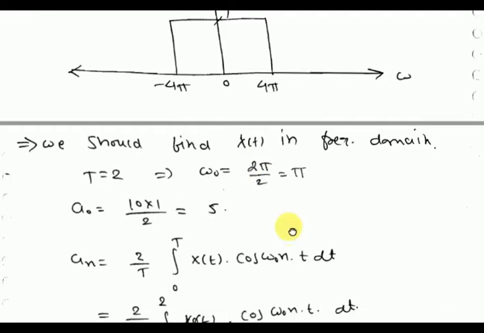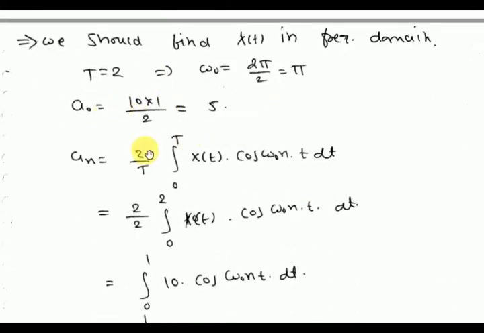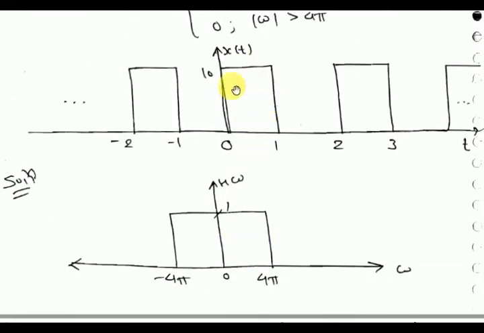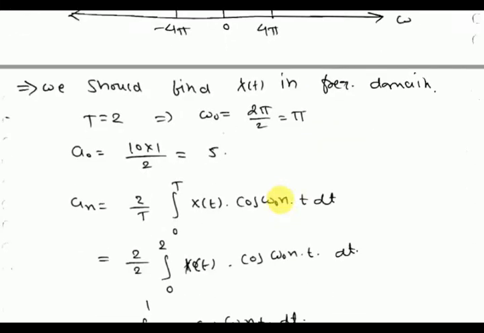equal to pi. So a naught is equal to 1 by T integration 0 to T x of t dt, or the area of the signal in one period divided by the fundamental period, equal to 5. You have to find this area, which is 10, divided by the time period 2, so a naught will be 5.